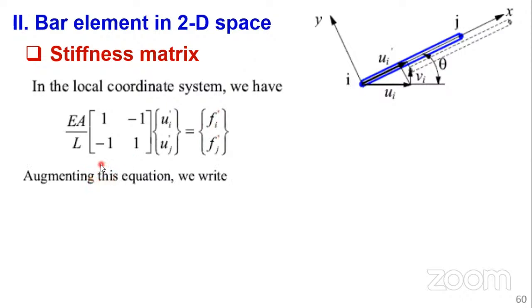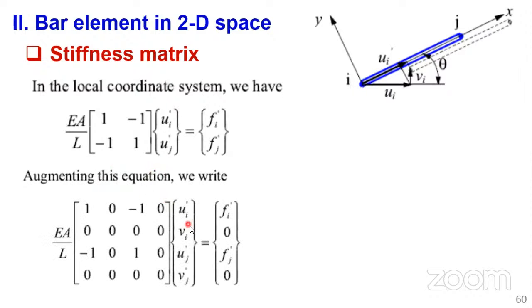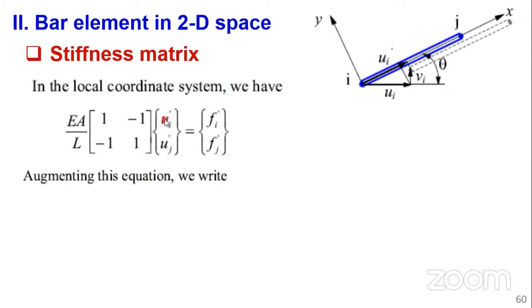So augmenting this equation. Why are we augmenting? We want to have the coordinate, the V component. In the local coordinate system, when we started off, we never had V because it was oriented this way, this was the orientation of our member. So we are only concerned with the horizontal displacement.